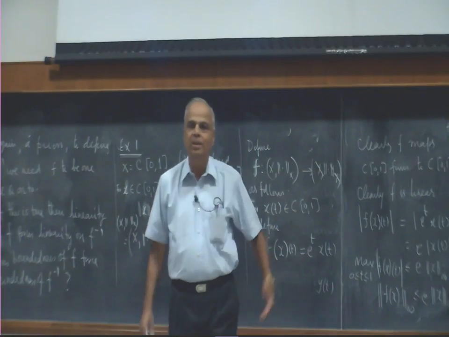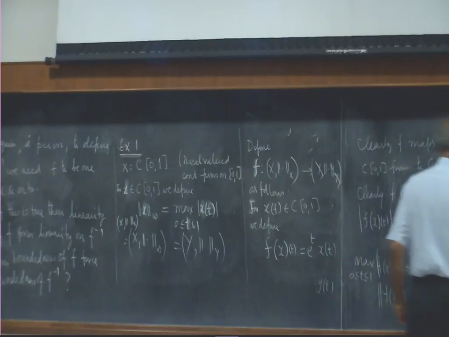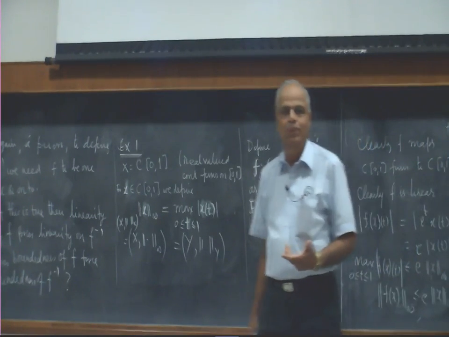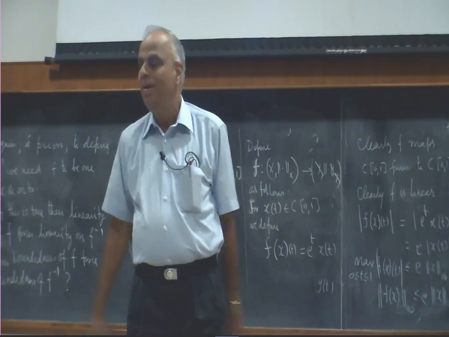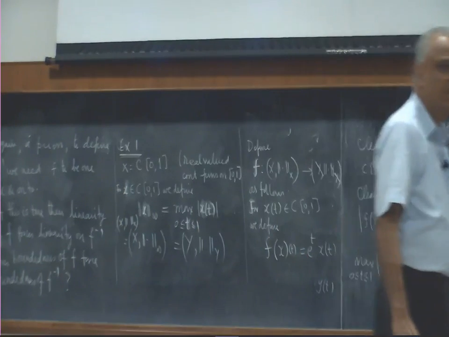Certainly it is e to the minus t y(t). So again, clearly onto. Therefore, f inverse exists as a linear transformation, because the moment it is one-one and onto, linearity is forced. What we are examining now is whether boundedness is forced on that.